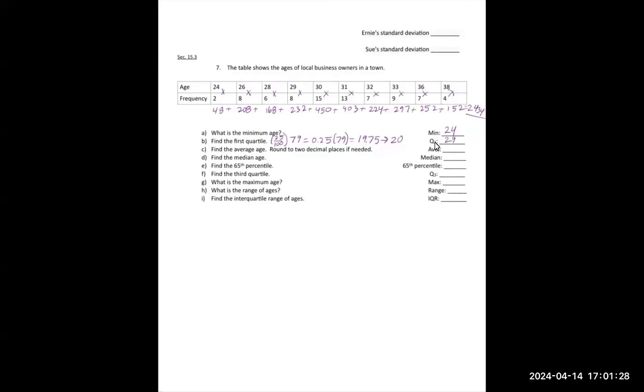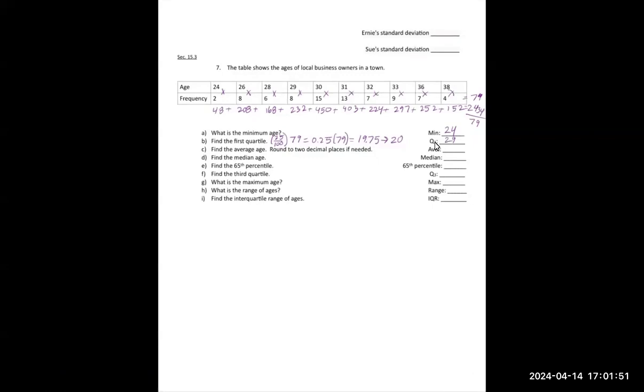That is the sum of the frequencies, which is 79. Remember, I got the 79 from adding up all the frequencies together: 2 plus 8 plus 6 and so on. So that is the number of people who own a business and gave us their age in this survey.